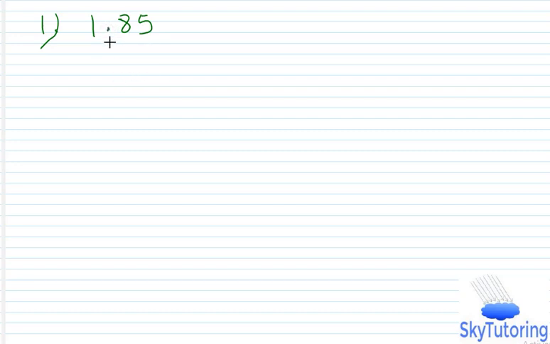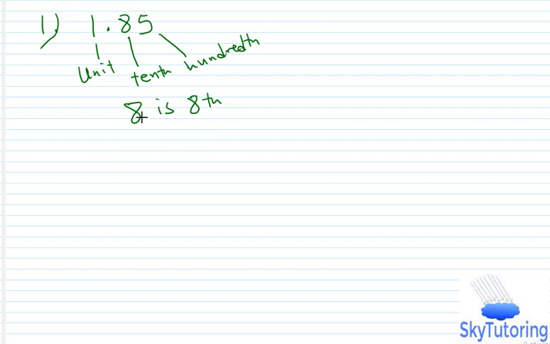Before the decimal point is the whole part, so this first digit will be units, while after the decimal point, remember, it starts with tenths, and then we have hundredths. So the place value of 8 in 1.85 is 8 tenths.